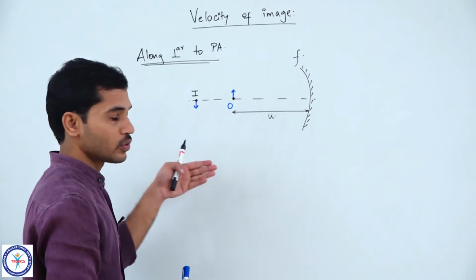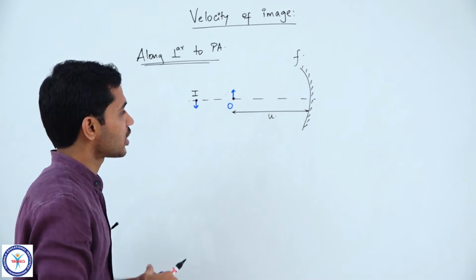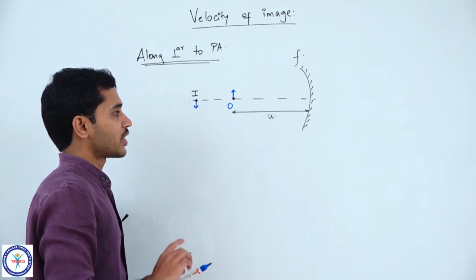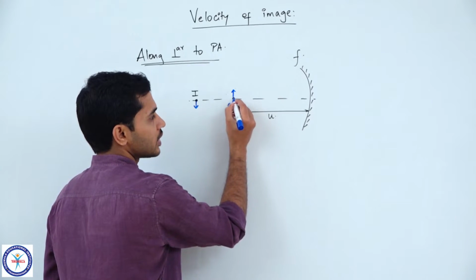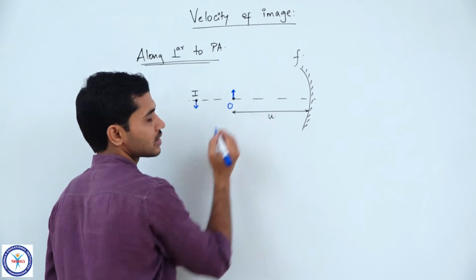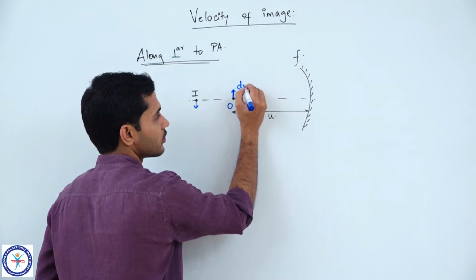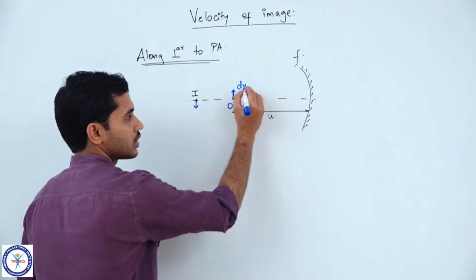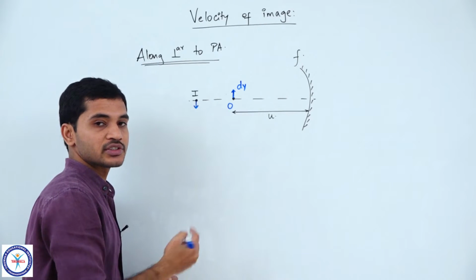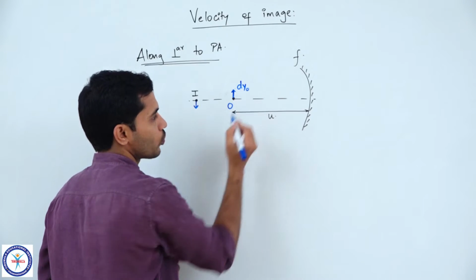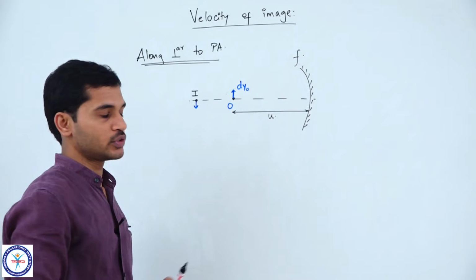I am not sure whether it goes down or not, just for representation I am using that, right. Now, what I am doing now, please observe carefully. If I assume that this object travels in the vertical direction by a small distance of dy, or let us call it dyo, dy of object.